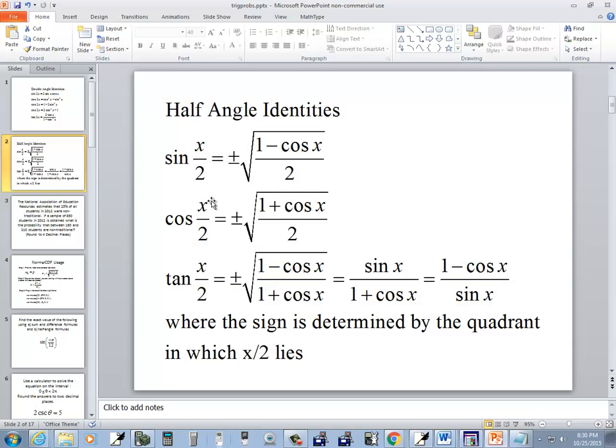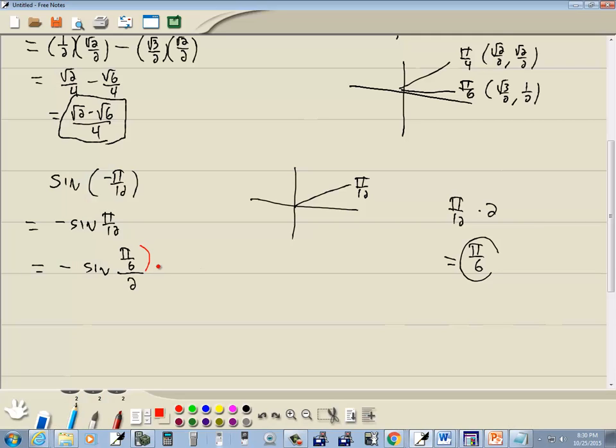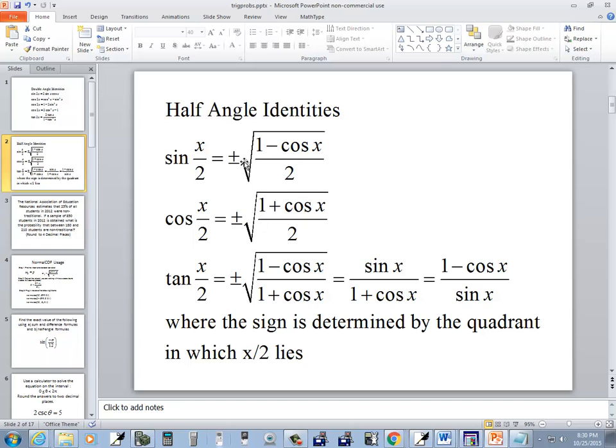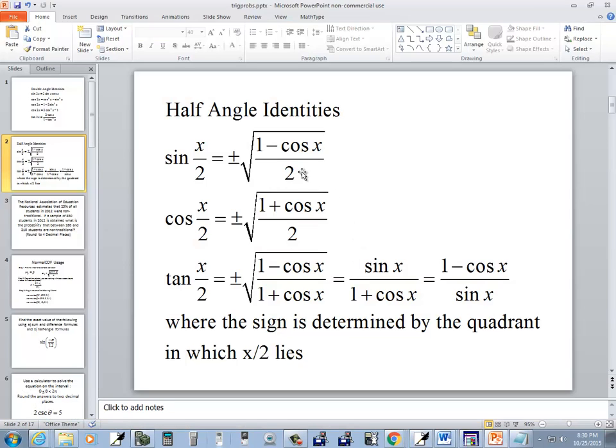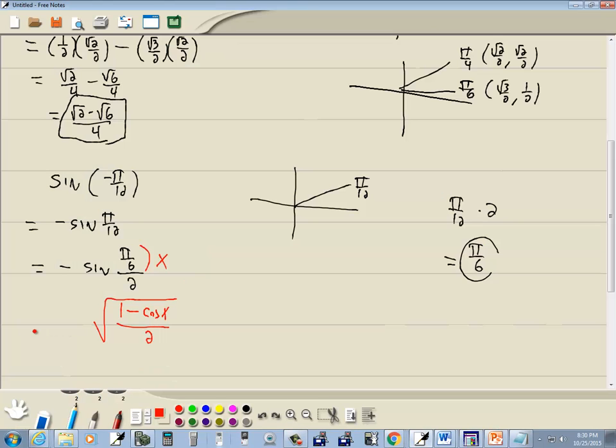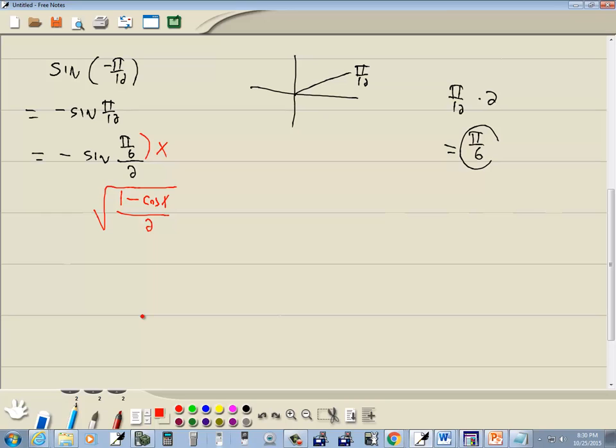Now from our formula, the variable on top is an x, so this is going to represent x in our formula. And remember we said everything's positive there, so we got square root of 1 minus cosine x over 2. And again, I'm showing sine here, but you should be equally comfortable with cosine and tangent of the half angles.